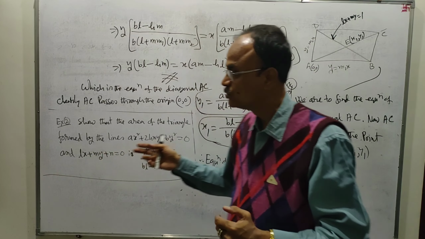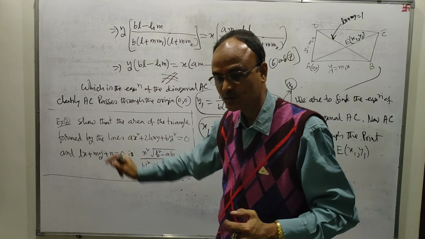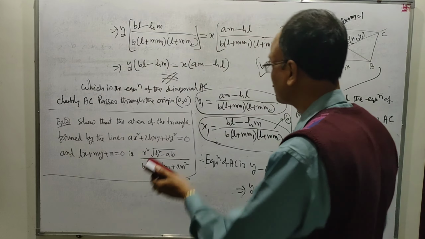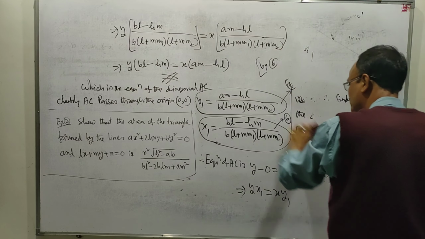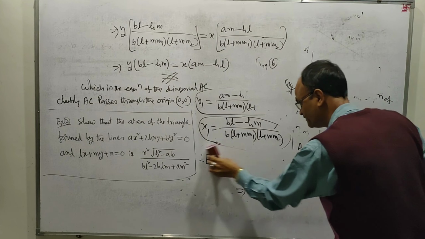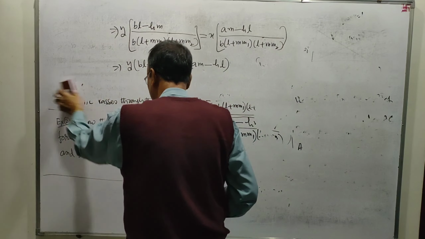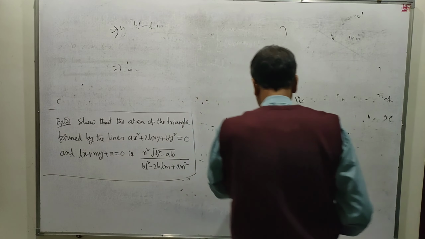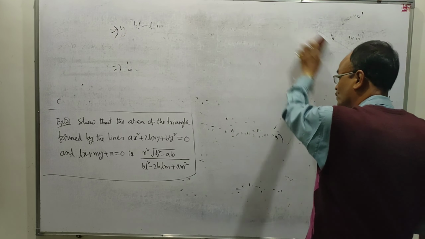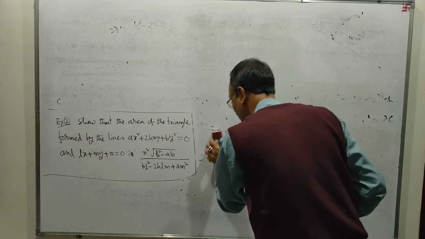Now, we are going to solve question number 2. Now let us solve question number 2. First, let me remove this. What is question number 2? Question number 2 is that we have to find the area of a triangle.